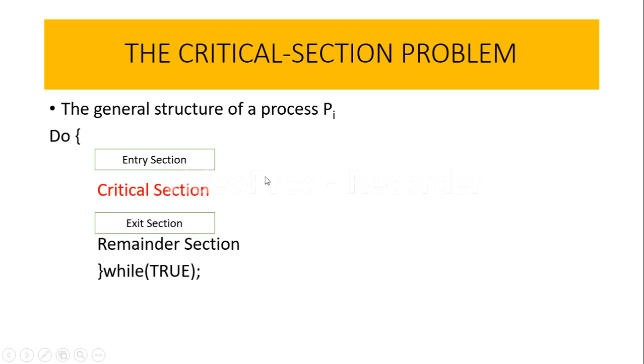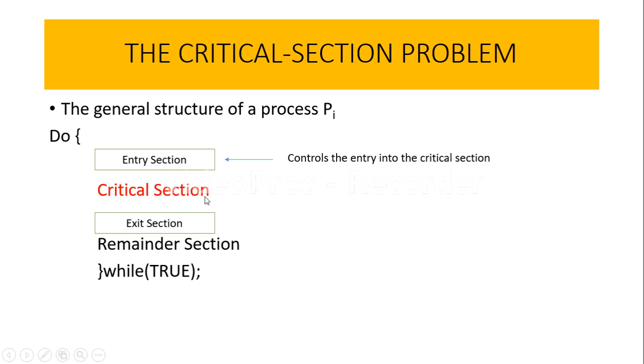The entry section controls the entry of a process into the critical section. That means it decides which process is going to enter the critical section, because the critical section should be mutually exclusive in nature.